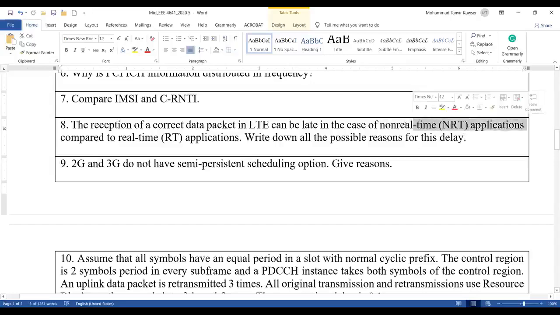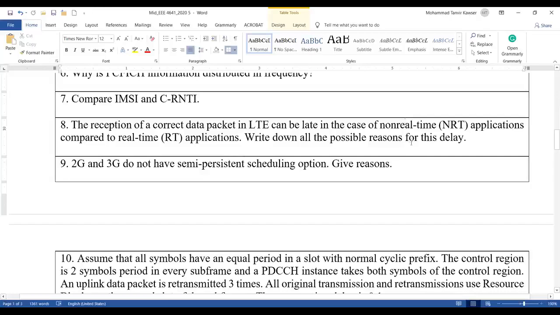So when you find a packet incorrect, you send a feedback that you haven't received it correctly. The packet will be retransmitted. This causes some delay. Some calculation of this delay we discussed for HARQ.